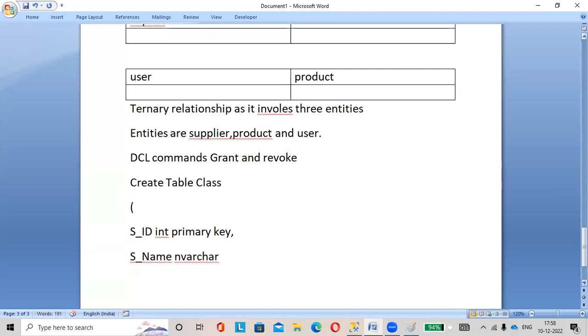Why we use the grant command? To grant privileges to the users. Why we use the revoke command? To take back the privileges which are granted to the users when he or she is leaving the organization.